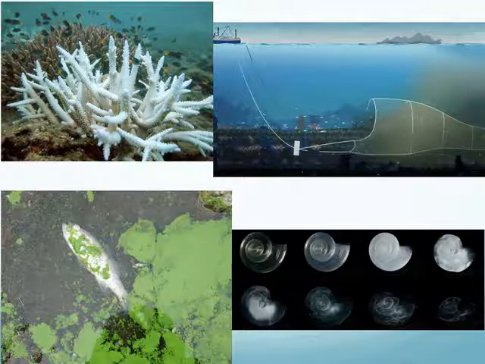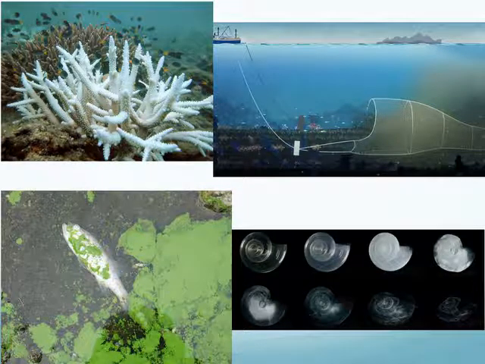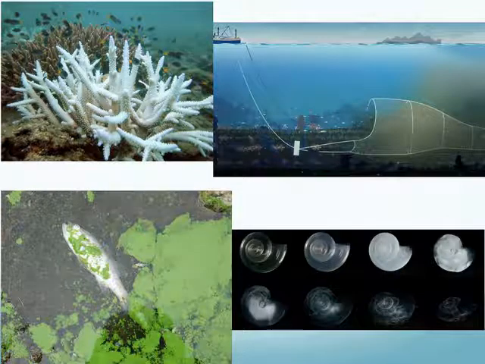All right, so let's look. Here are some images of the 4 things that I showed on the last slide. The top left-hand image there is that of a coral bleaching event. You can see the coral in the foreground is white. It looks like it's been bleached. And that coral there has lost its zooxanthellae because of the warmer temperatures.